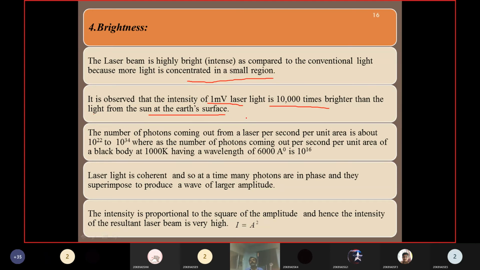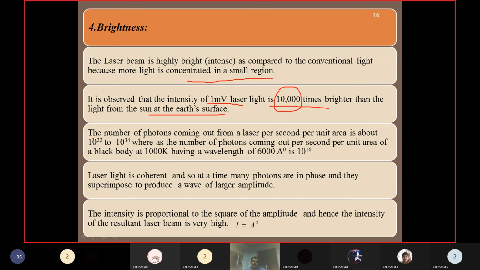If you take 1 milliwatt laser light, it is 10,000 times brighter than the normal sunlight. So see here how much intensity, how much brightness the lasers have.